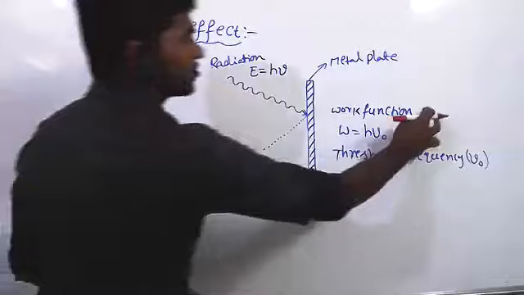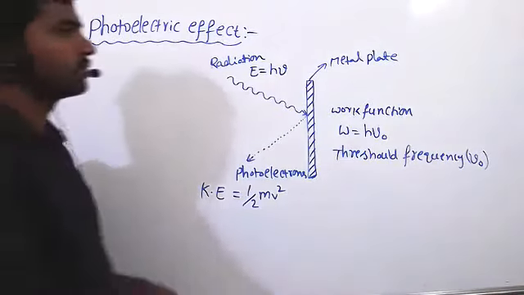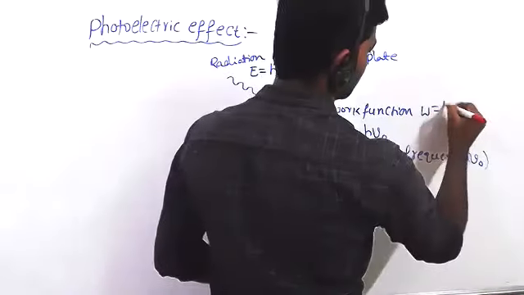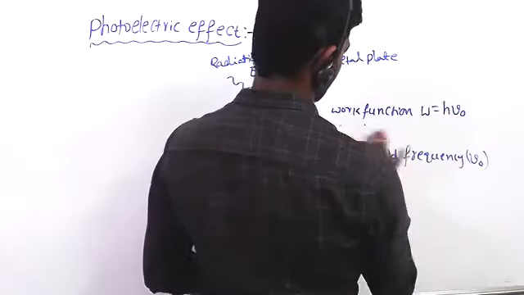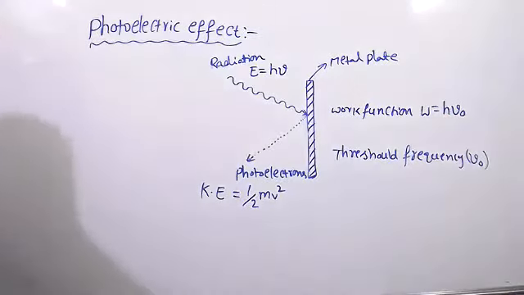So work function W is equal to h nu 0, where nu 0 is the threshold frequency and W is the work function.